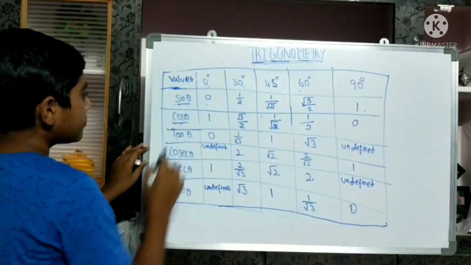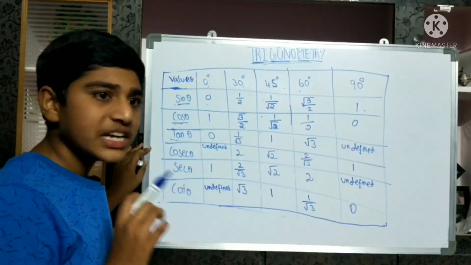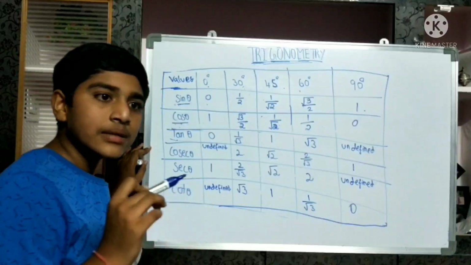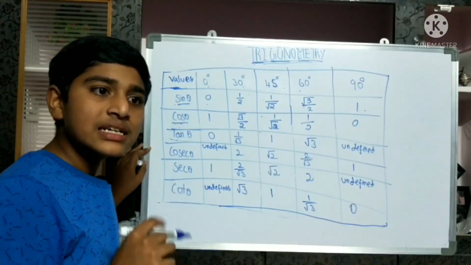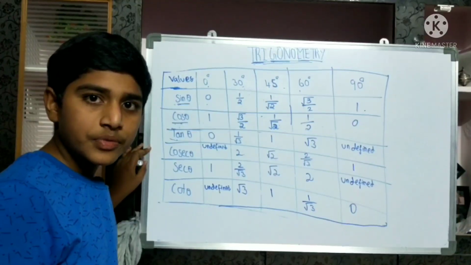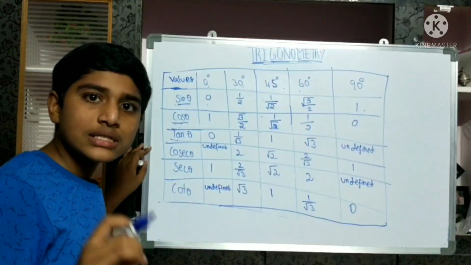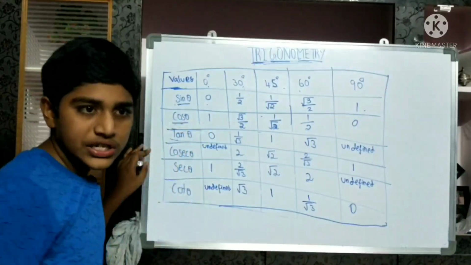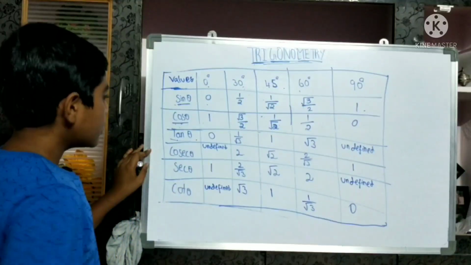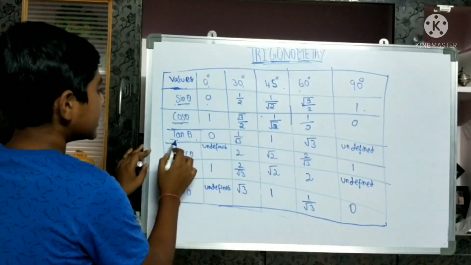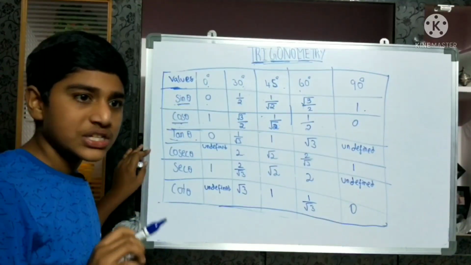In the same way, here tan theta. How will we find tan theta? Tan theta in terms of sin and cos. What is the value of tan theta in terms of sin and cos? You need to remember it. Tan theta in terms of sin and cos is sin theta by cos theta. So here we can find the value of tan theta by using that sin theta by cos theta.